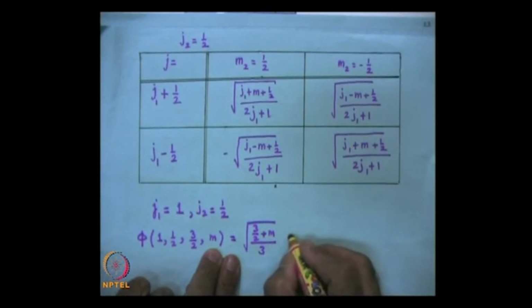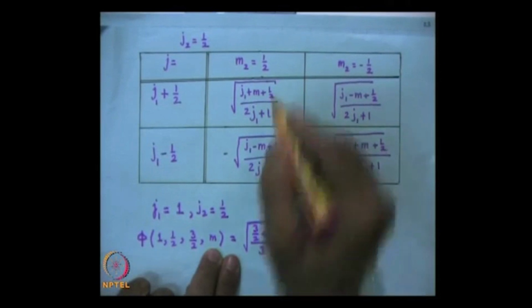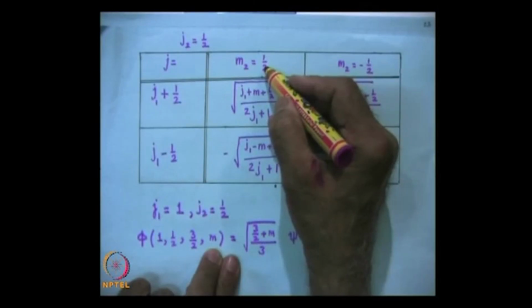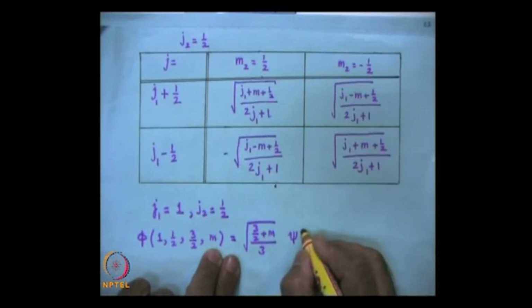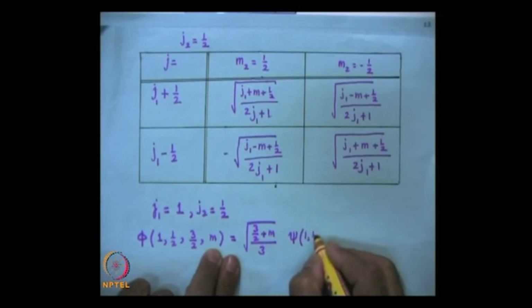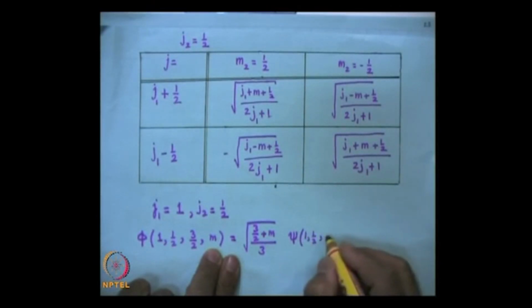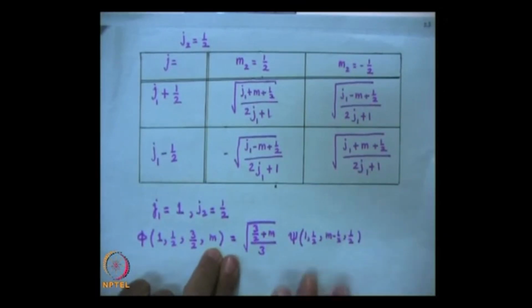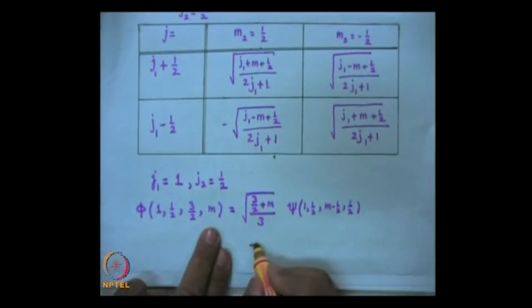This will be multiplied by psi, m2 is half. So, m1 will be m minus half. So, psi j1 j2, that is 1 comma half, and m1 must be m minus half, plus this number.